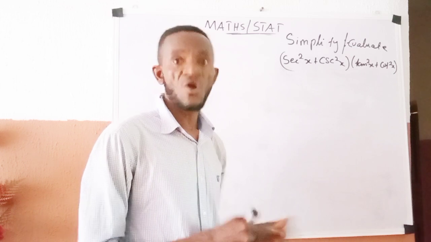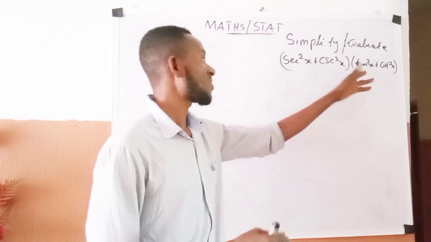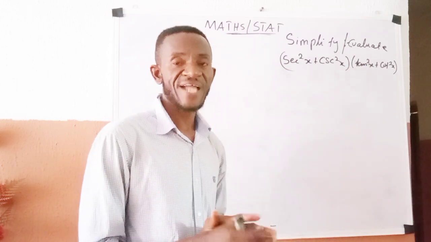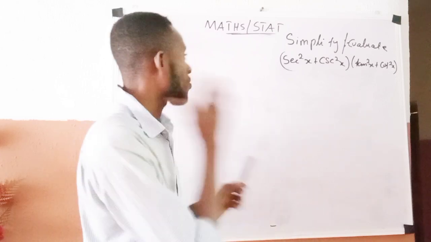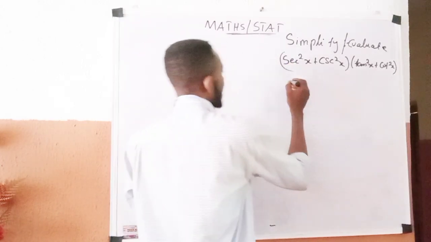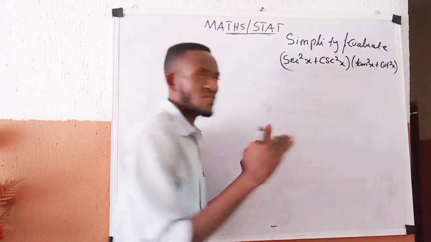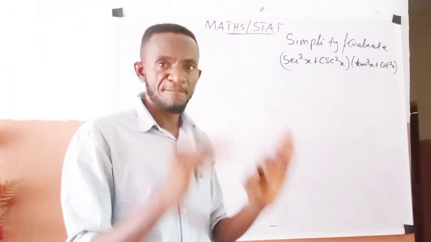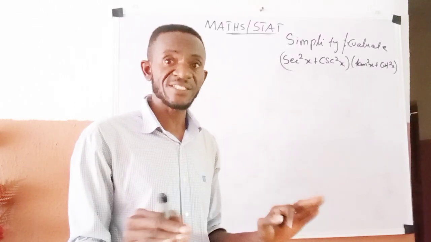Cot is actually what we call 1 over tan theta. But what we are going to do here is to come here by way of reminding ourselves. We tell ourselves that we have 3 basic Pythagoras theorems or identities, Pythagoras identities.